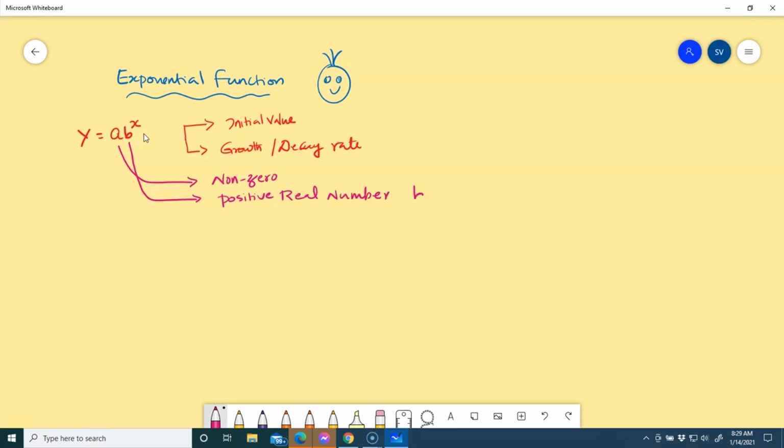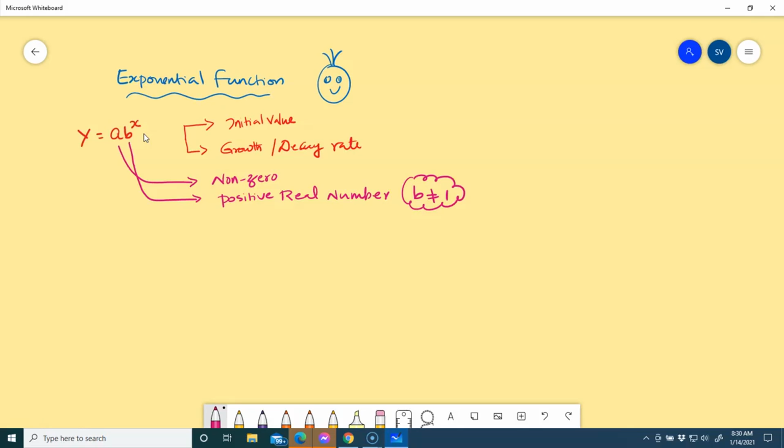And b cannot be 1. That is very important. If b is 1, we will lose the exponential nature. 1 to the power of whatever it may be is 1, so it is losing its exponential nature. So the conditions are b not equal to 1, and b should be a positive real number.